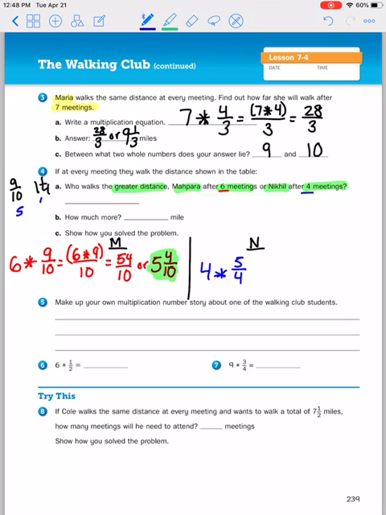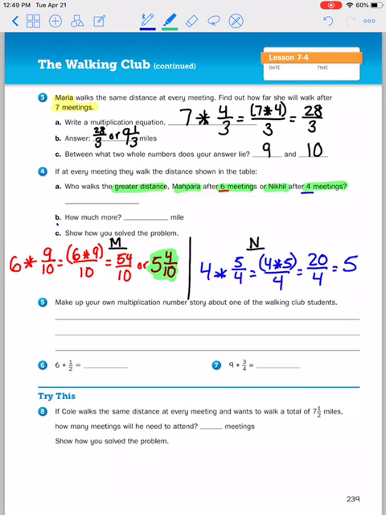Because 4/4 plus 1/4 would be 5/4. I'm going to erase these so I don't get confused. Okay, so this would be the same as 4 times 5/4, which is 20/4, which is equal to 5.